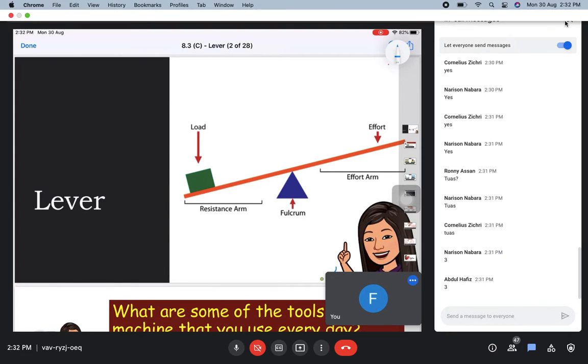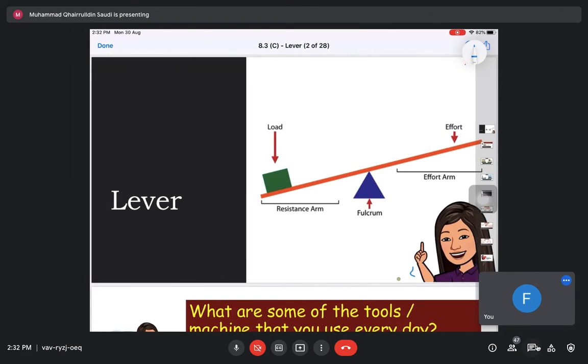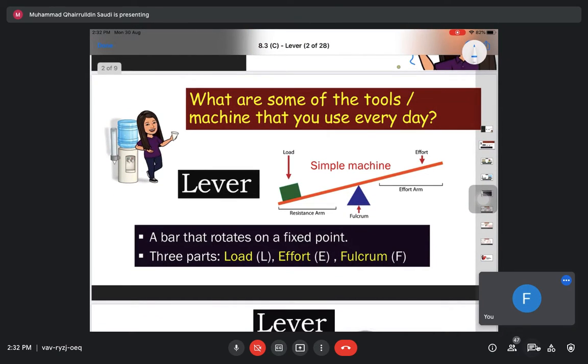Tuas or lever is actually a simple machine. The meaning of lever is a bar that rotates on a fixed point. This fixed point is called fulcrum.